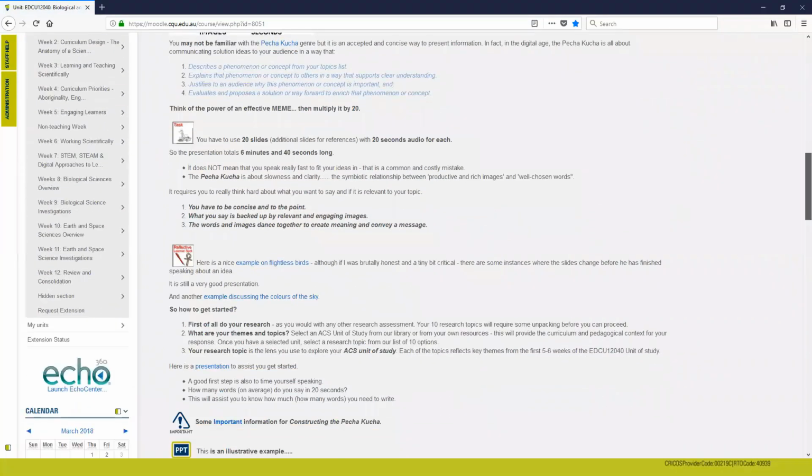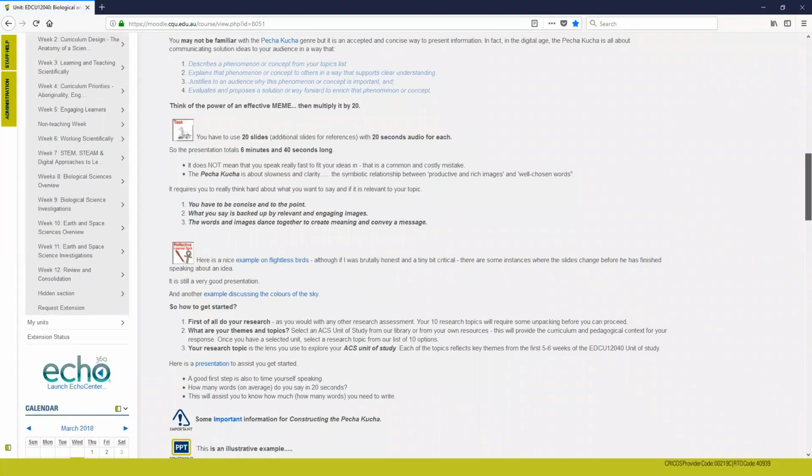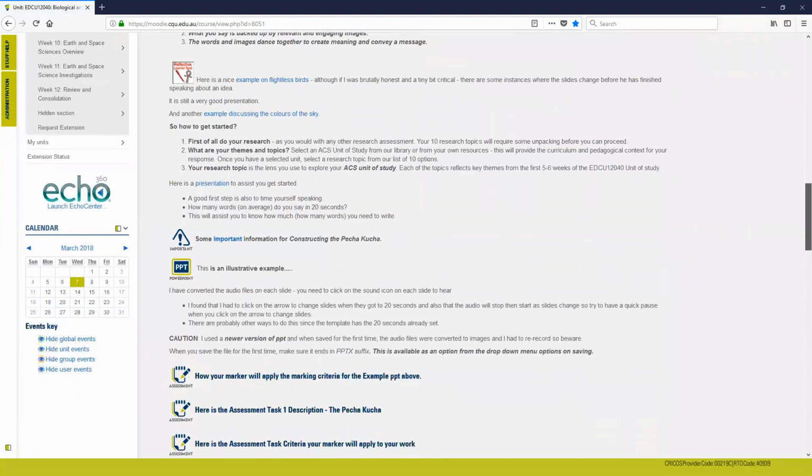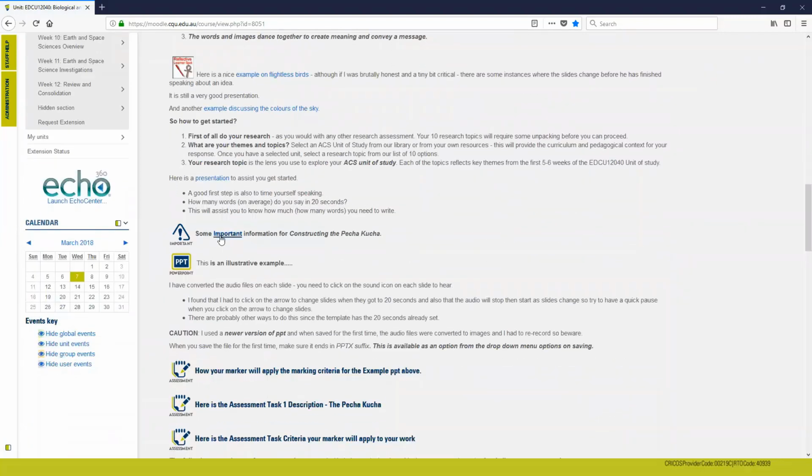Now, I caution you quite strongly, do not repeat those examples. They belong to previous years, and the task was different. So focus on this task. It's very different. An example of flightless birds, and there was one here: a presentation to assist you get started. And I think there was one other example in there too, which shows you how to use images and text.